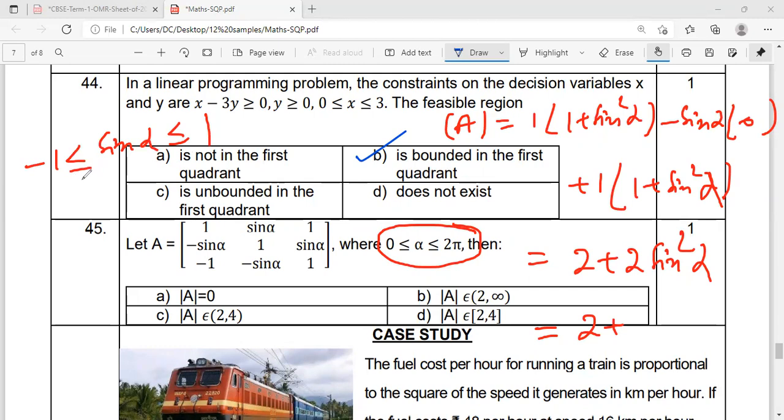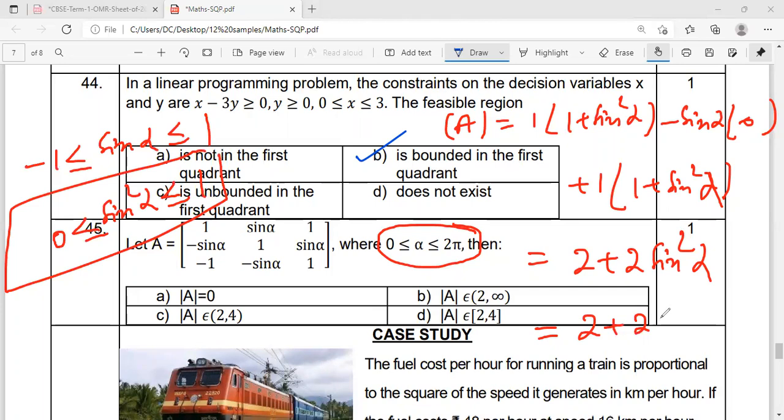When we square it, it cannot be negative. And any number which is less than 1, its square will also be less than 1. That means 0 is less than or equal to sine square alpha, which is less than or equal to 1. So plus 2 into a number which is between 0 and 1.